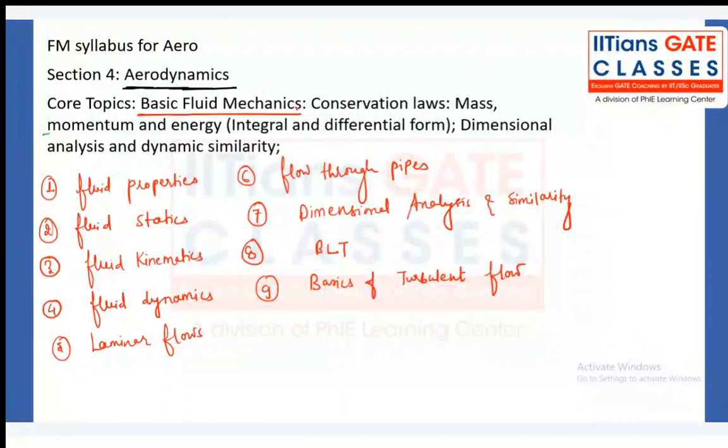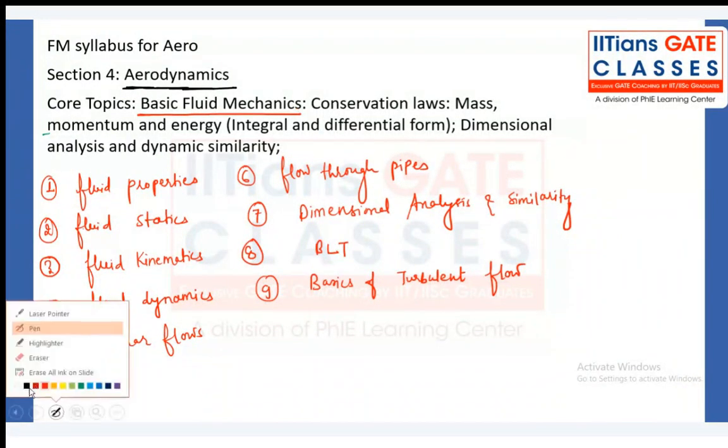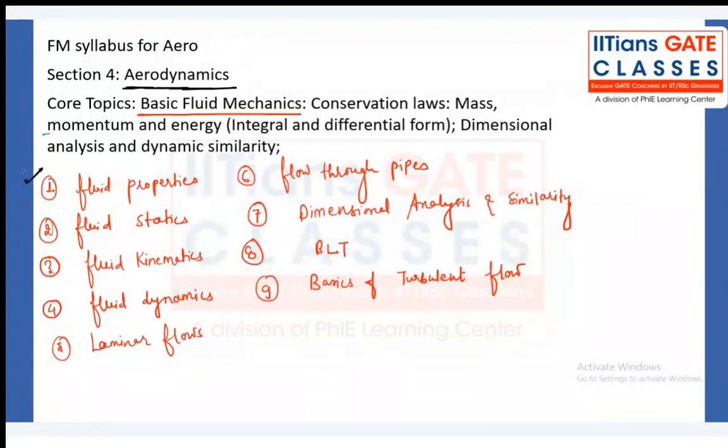But we are going to frame the sequence in such a manner that we can cover the basics of fluid mechanics in 9 chapters. What are the 9 chapters? The first is the fluid properties. Then we are going to cover fluid statics.